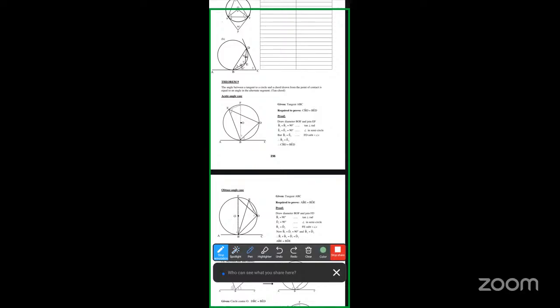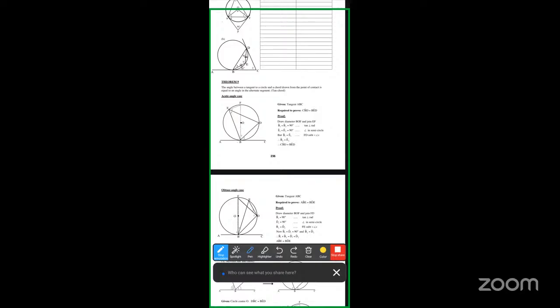In simple terms, this angle right there is equal to that angle that is opposite to the chord that we focused on. We focused on this chord, and this chord is opposite that angle right there. This implies that this angle is equal to this angle.